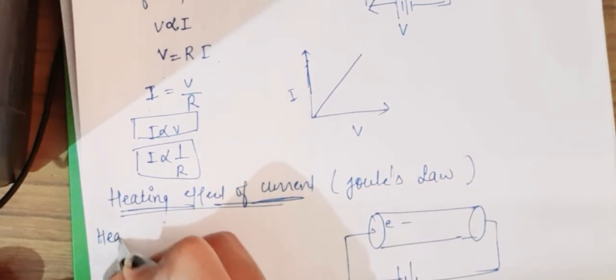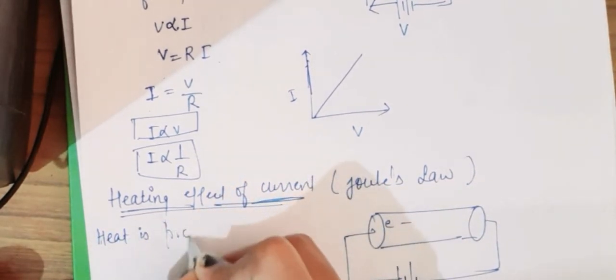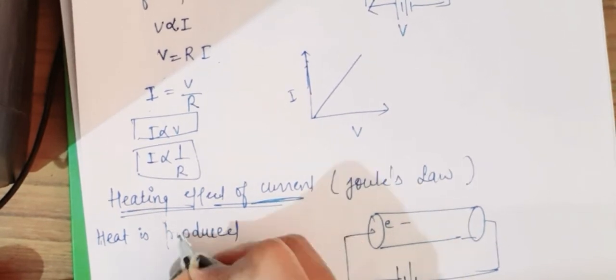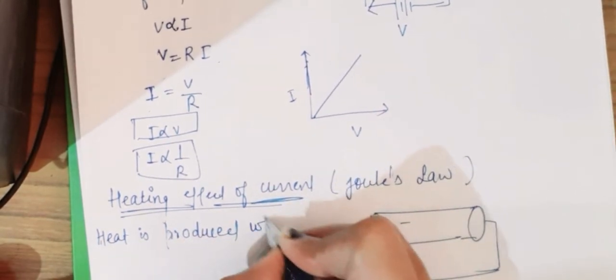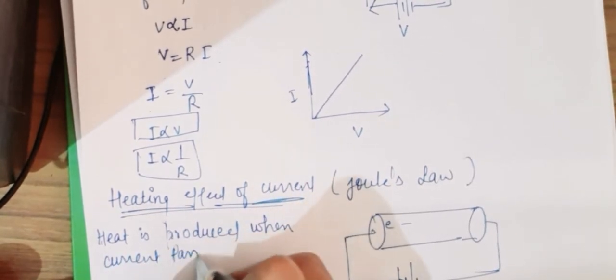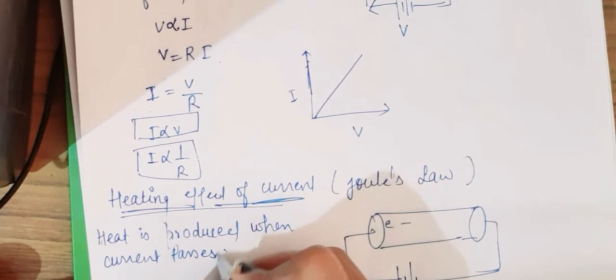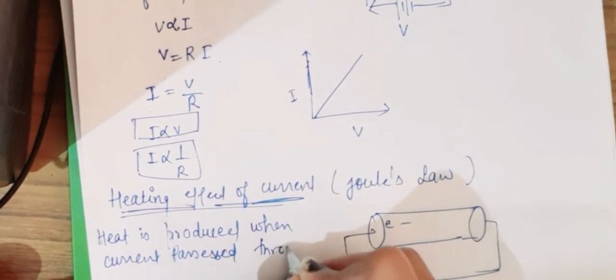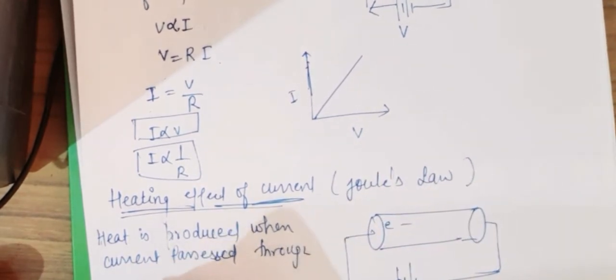Heat is produced when current is passed through a conductor.